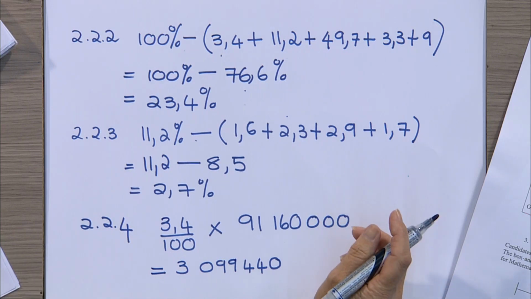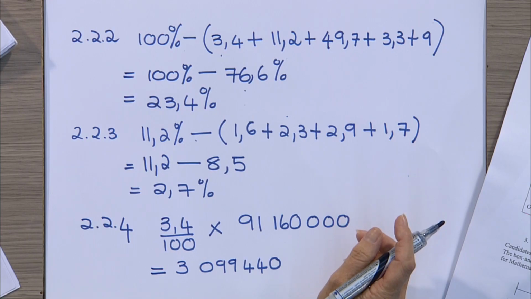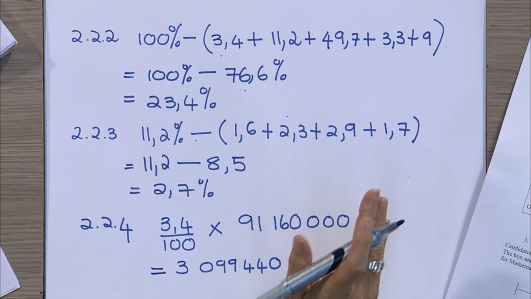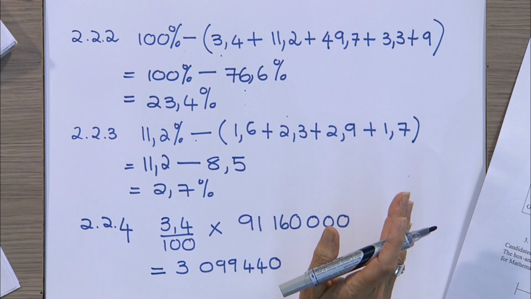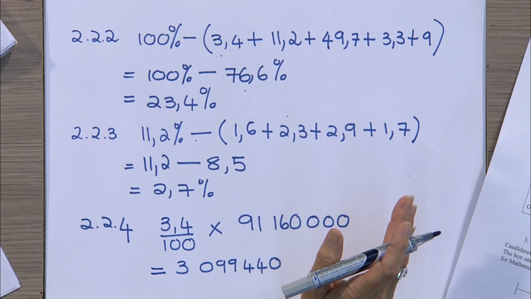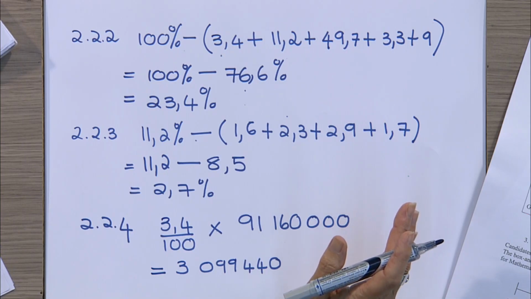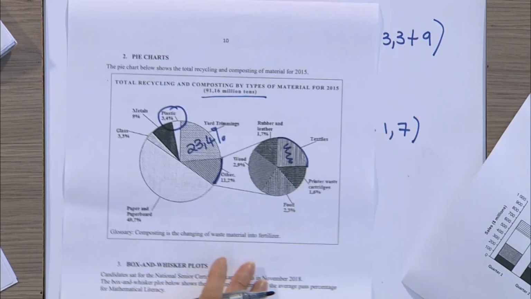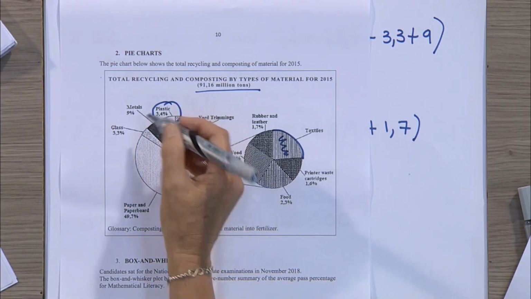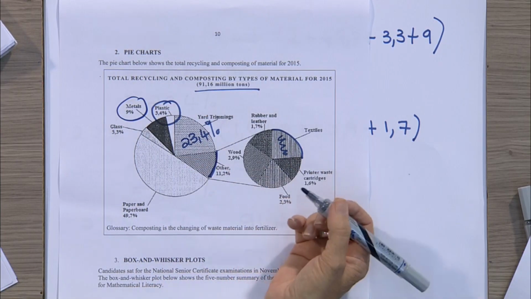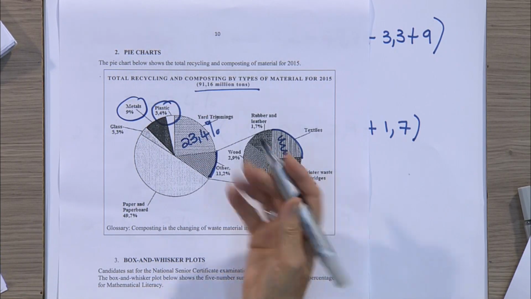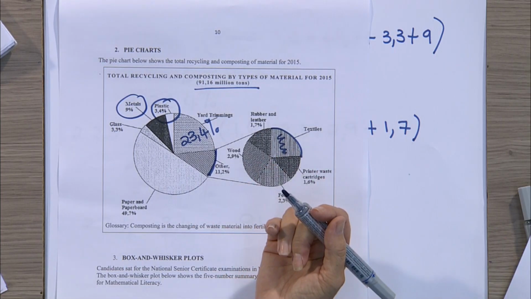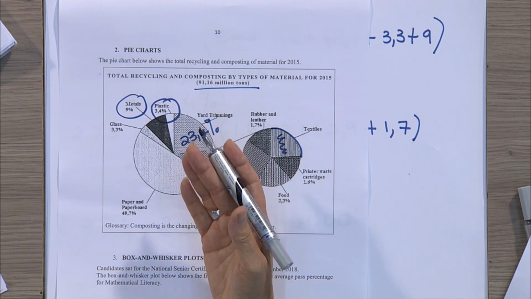Then, question 2.2.5. Give one possible example of a product that could be recycled under the metals category. Okay, so they want to know what you can put under this category, metals. What can you give as one product that we can recycle under that category?